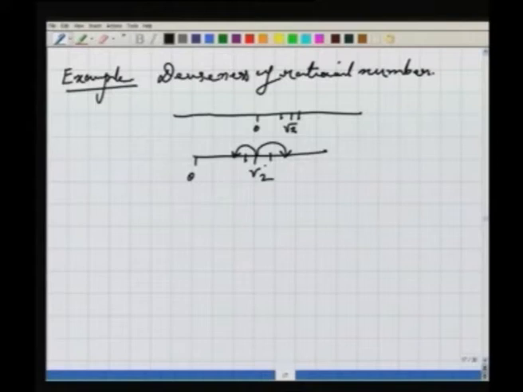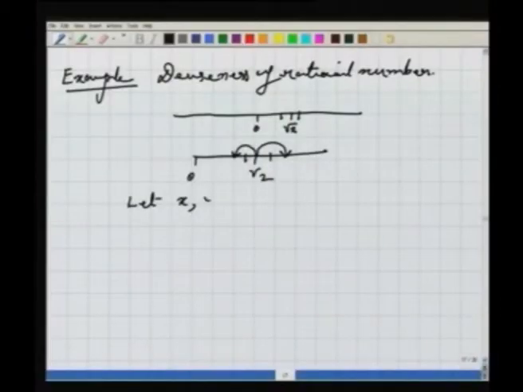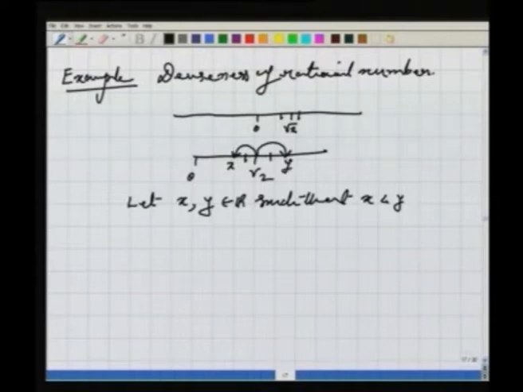A precise mathematical formulation of this is as follows. Let x and y be two real numbers such that x is strictly less than y. This x you can think of as where I have moved and y is my right movement.